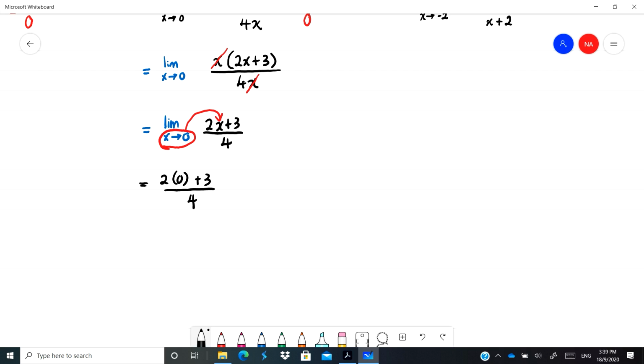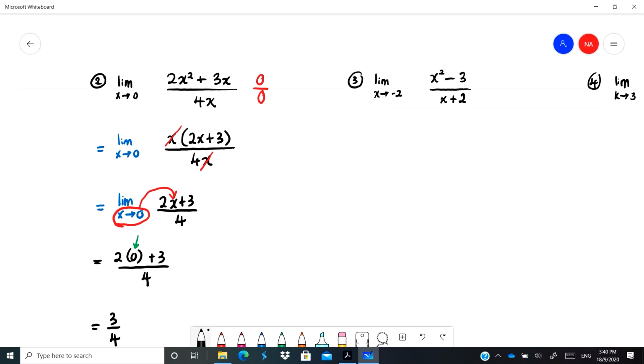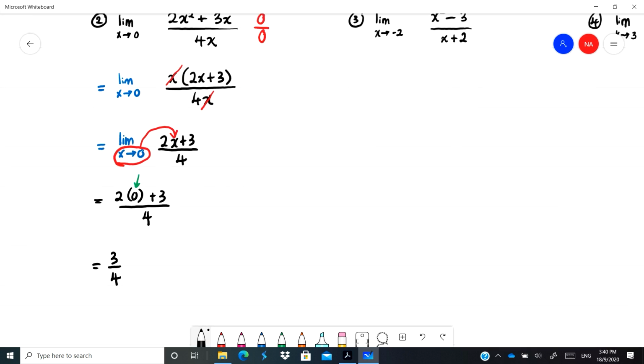Please note that we don't have to write the limit as x approaching 0 here, because we have substituted 0. So now you'll have the final answer as 3 over 4. For this type of function, you have to do factorization and get 3 over 4 instead of 0 over 0.